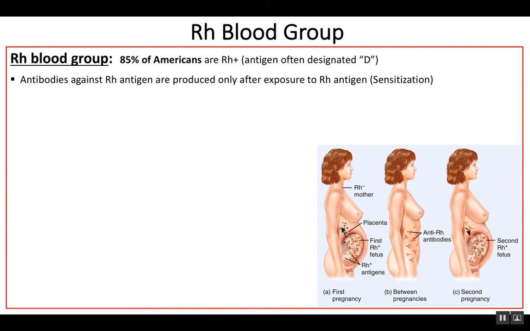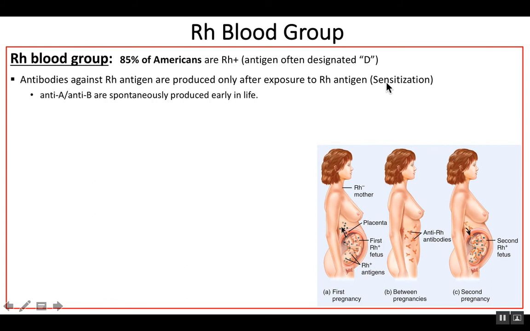Rules still apply that if you have the Rh antigen, you do not make the antibody. And if you do not have the antigen, you will make the antibody. The difference is, for Rh, you don't make the antibody unless you're exposed to the Rh antigen. We call this sensitization.